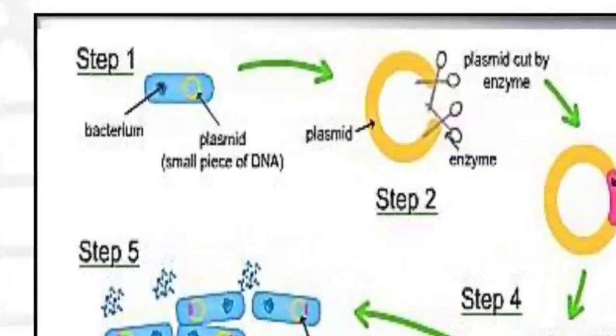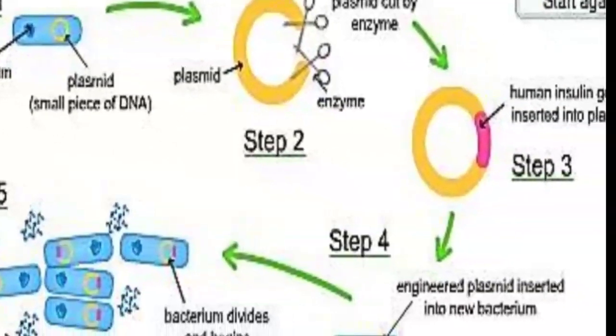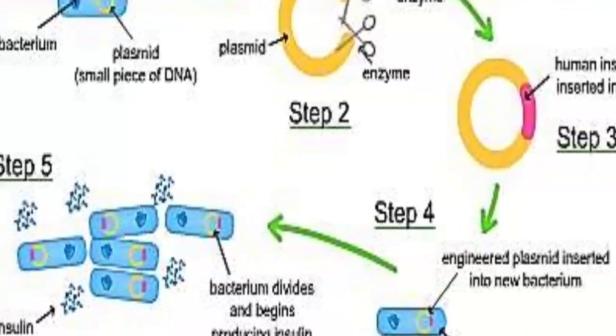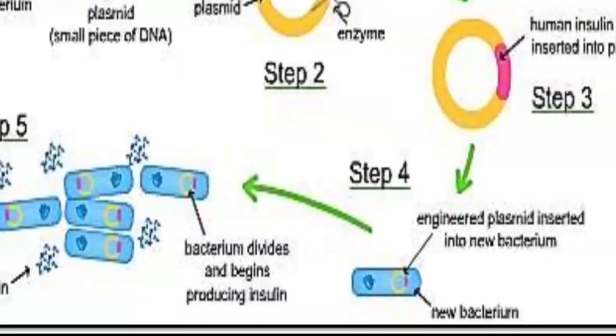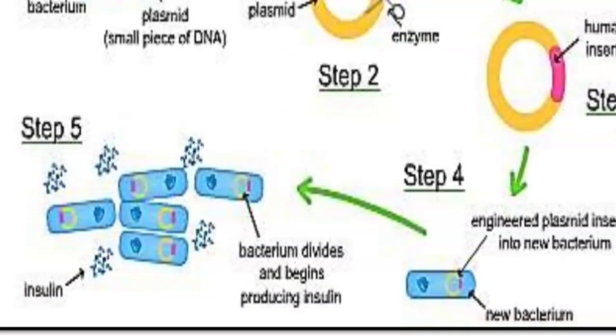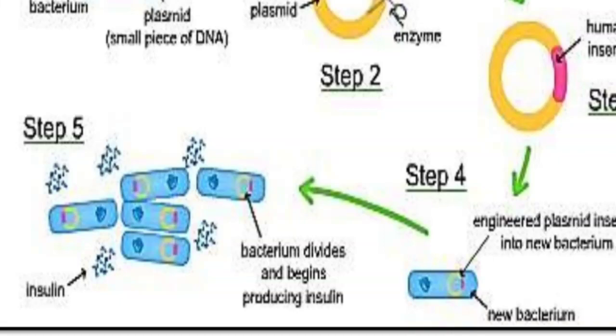It is cut in the second step with the endonuclease enzyme, and after ligation into circular DNA, in the third step, the human insulin DNA responsible for the development of human insulin is introduced in the fourth step into the plasmid, inherited into new bacterial cells, and after using the bacterial replication process with DNA polymerase enzymes, so many copies of the insulin are formed in the last step.